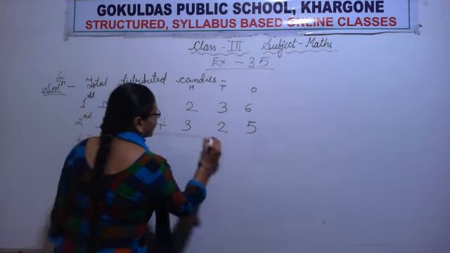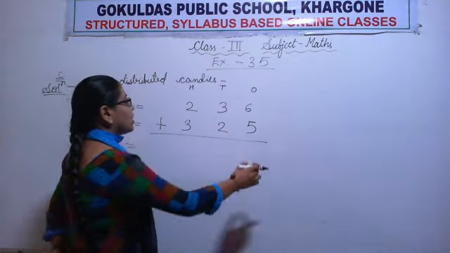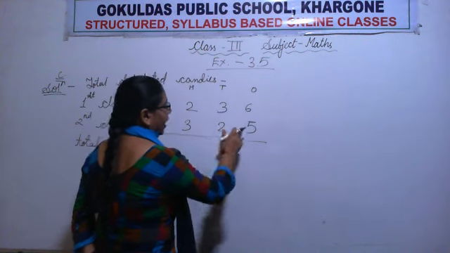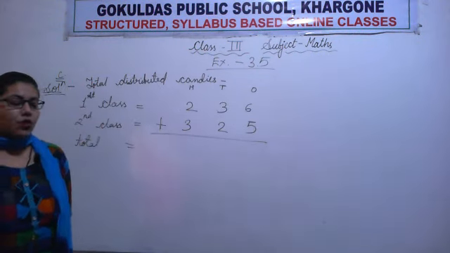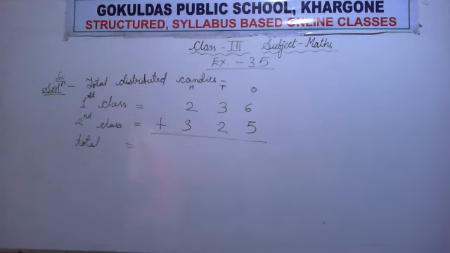So let's add them all, starting from the ones place. 6 plus 5. All of you count 6 finger marks.